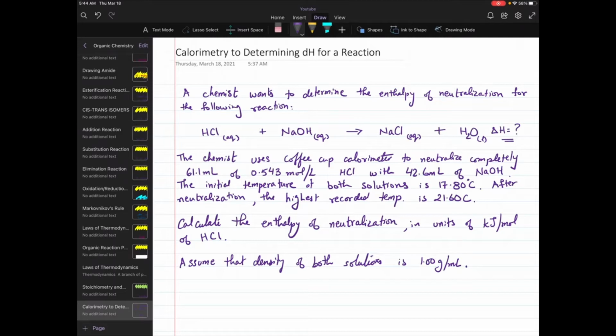And that will help us to convert volume into mass and mass into volume. So for that conversion, we always need the density value.